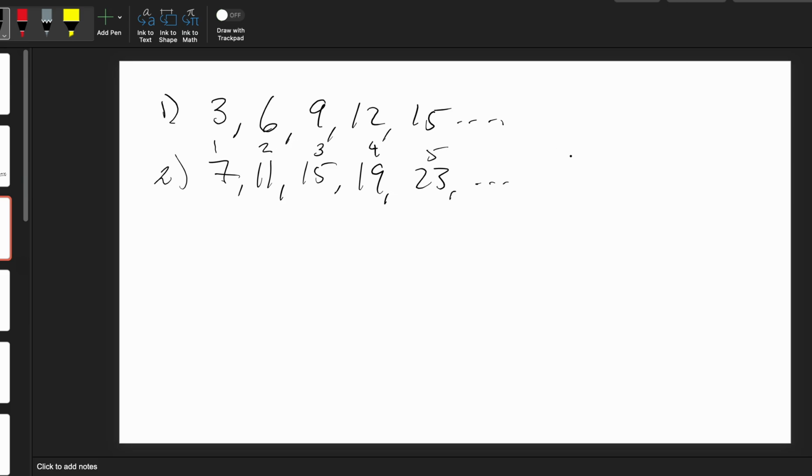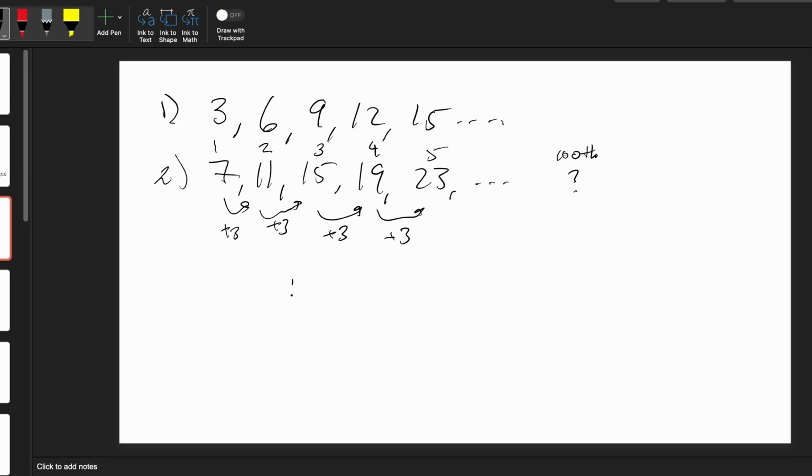Okay, what if I want to know the 100th term? Well, since I'm adding 3 with each subsequent term, then I'm going to have to add 3 99 times to get the 100th term. Why 99? Well, okay, let's do an example.